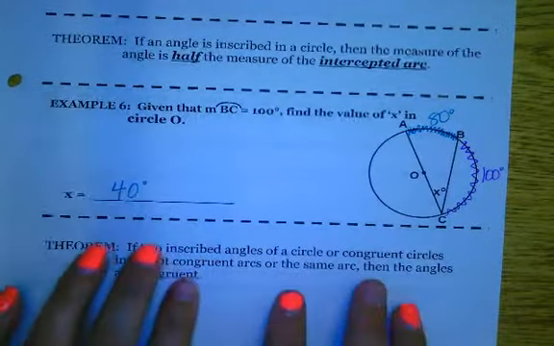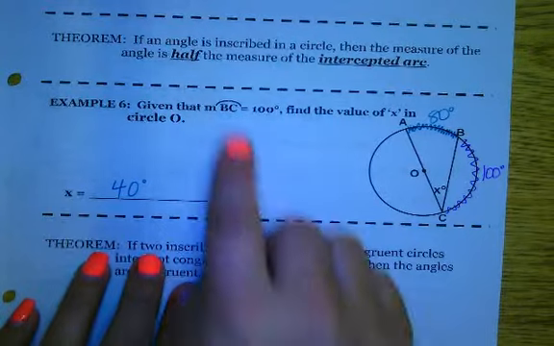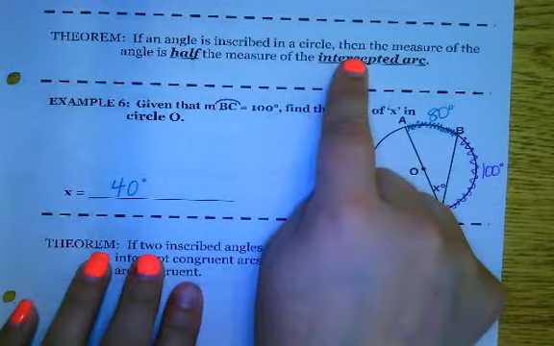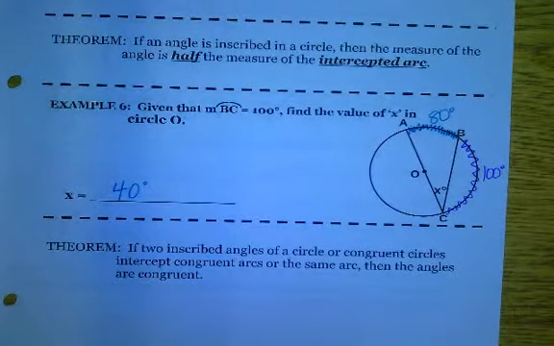Why isn't it 80? Because it's half the measure of the intercepted arc. You're thinking of a central angle.